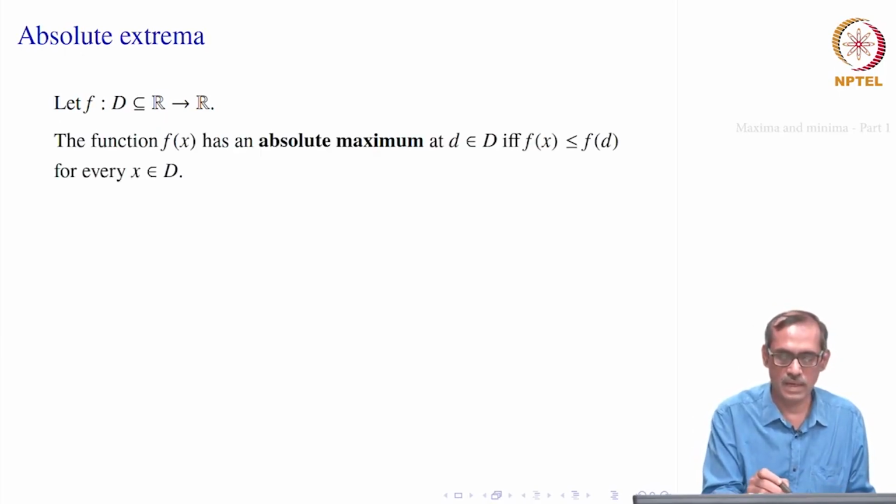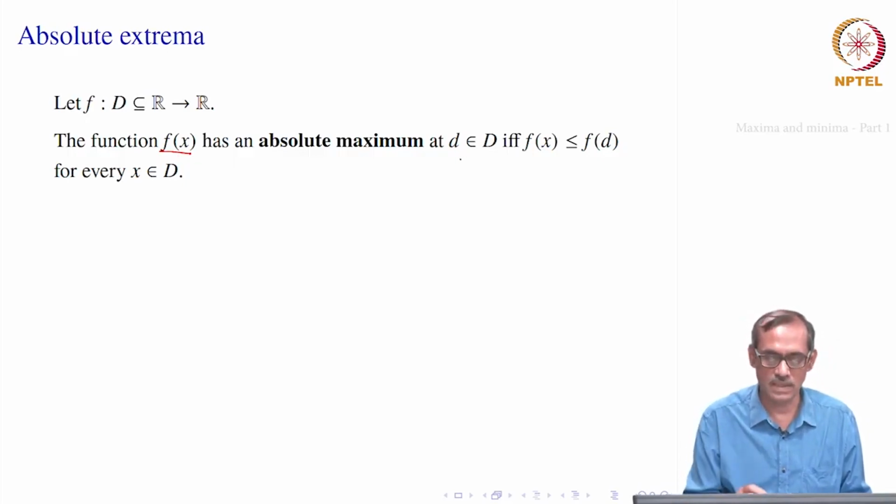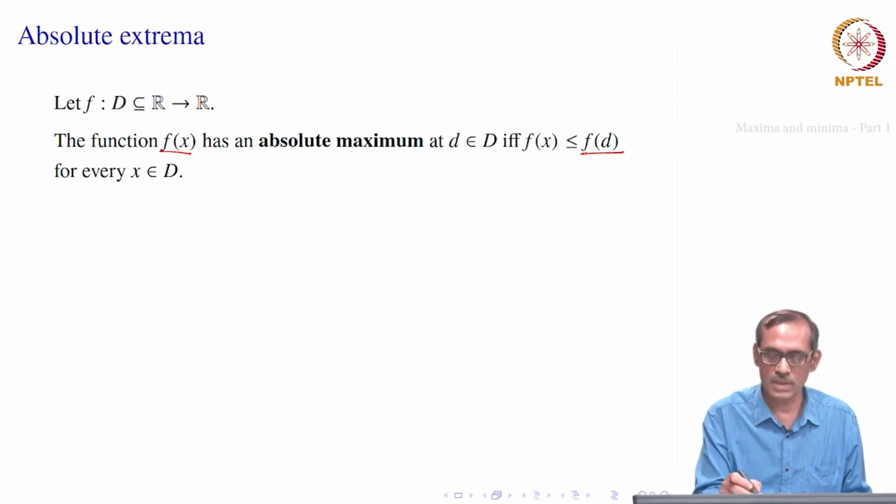Then we will say that f of x, or the function, has an absolute maximum at d in D if and only if f of x is less than or equal to f of d for every x in D. That is easy, because what we want is that f of d is the maximum of all the functional values. You take any f of x, and it should be less than or equal to f of d. Instead of just maximum, we say absolute maximum, because something else is coming.